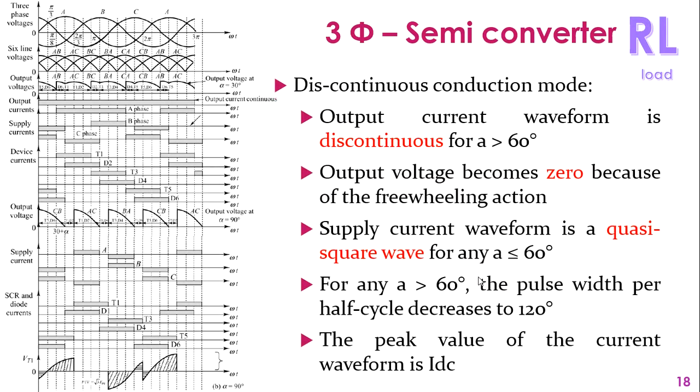In case of discontinuous conduction mode, the output current waveform is discontinuous for α greater than 60 degree. Therefore, the output voltage becomes 0 as freewheeling action takes place. The supply current waveform is a quasi-square wave for α less than 60 degree, and for any value of α greater than 60 degree, the pulse width per half cycle decreases to 120 degree. The peak value of current waveform is IDC.